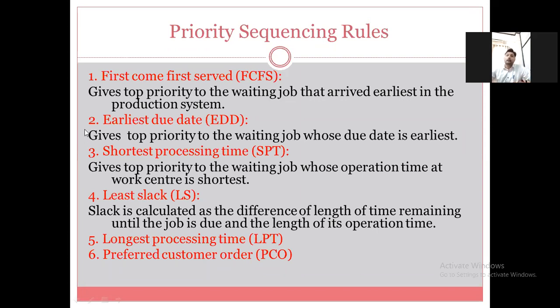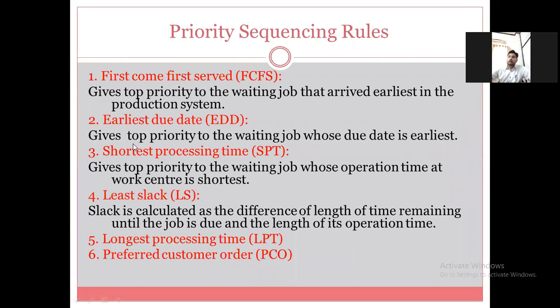Then the second rule is earliest due date, in short form called EDD. In this rule the top priority is given to the job whose due date is earliest. Let us consider 10 jobs are there, and out of the 10 jobs I need to deliver one job within 2 days, one of the jobs within 3 days, and one of the jobs within 1 month.